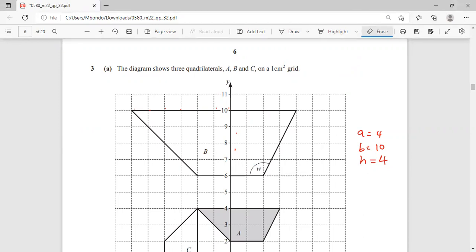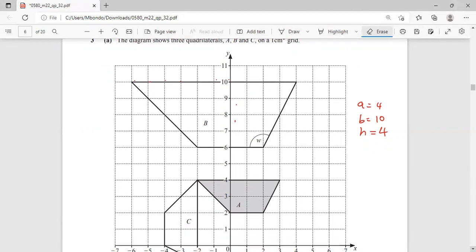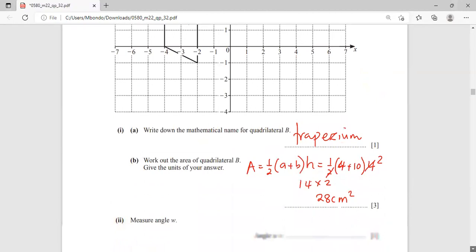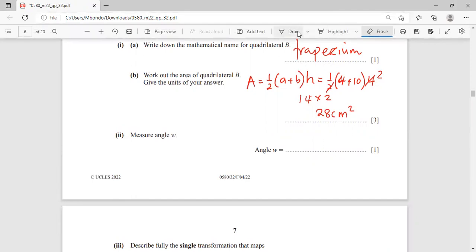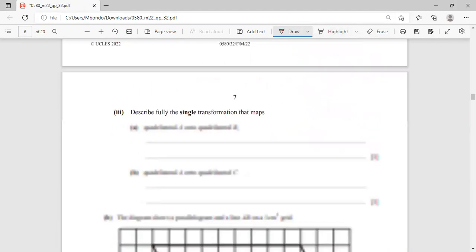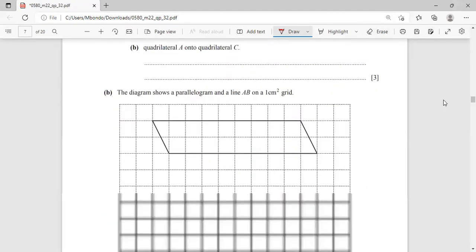I hope that is okay there. I said if your measurement is accurate, you're going to get this angle as 117. Okay, so let's move on to the next one.